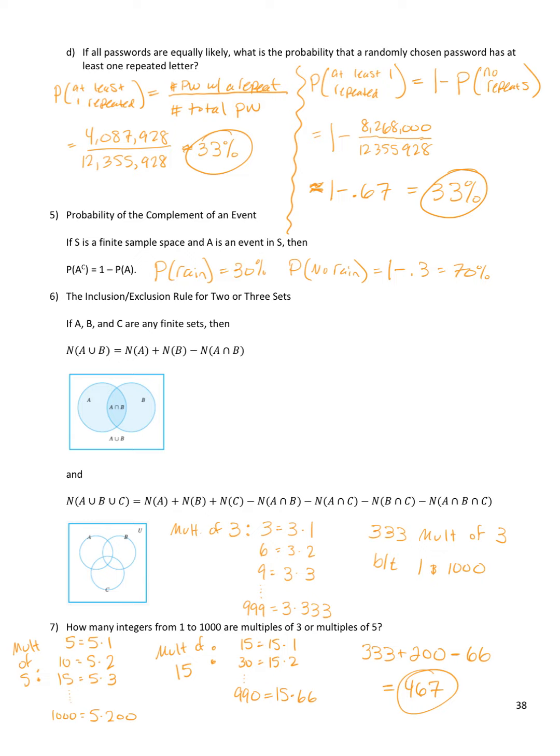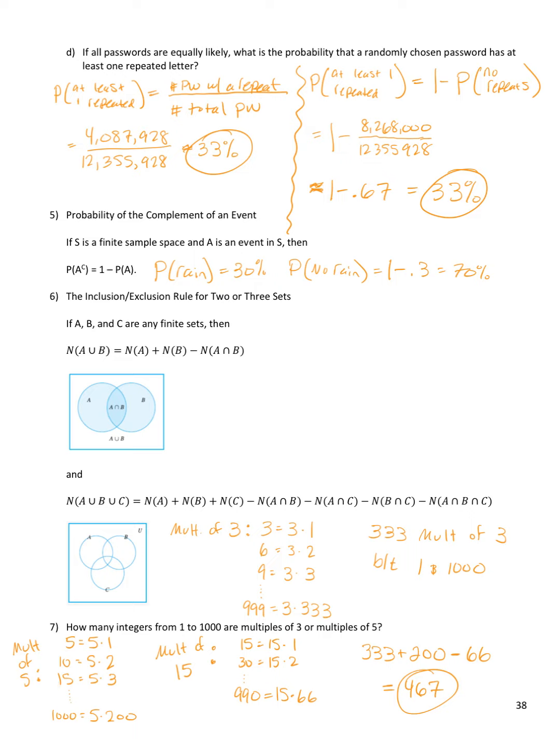And just to clarify, I am counting multiples of 15, I just don't want to count them twice, right? I counted them with the multiples of 3, like 15 and 30 and 45 and 60. Those are all multiples of 3, so they got counted as part of this 333. And then when I did the multiples of 5, I counted 15 again, and 30 and 45.